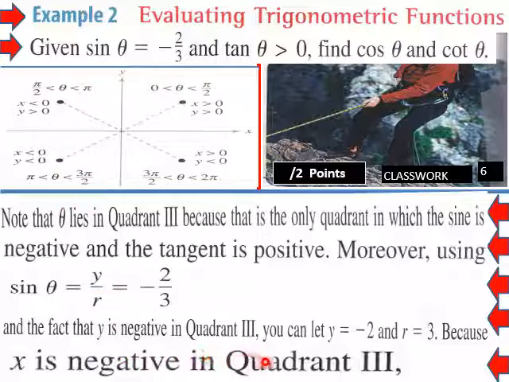That is the reason why. You can let y equal negative 2, which would be down here, and then r would be positive. Because x is negative in quadrant 3 too, x and y are negative. That's what makes your tan positive. And for your sine, it would be negative, and your r will be positive.